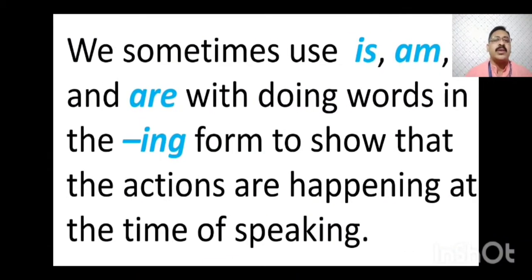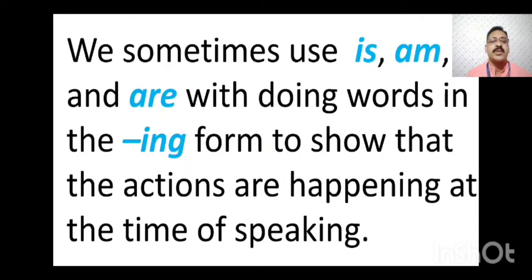So we sometimes use is, am and are with the doing word in the ing form to show that the action is happening at the time of speaking. Means when we use is, am and are along with the verb in ing form, that time it shows that the sentence is going on now.